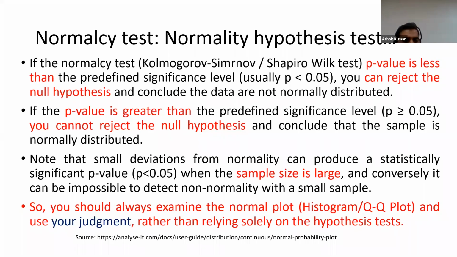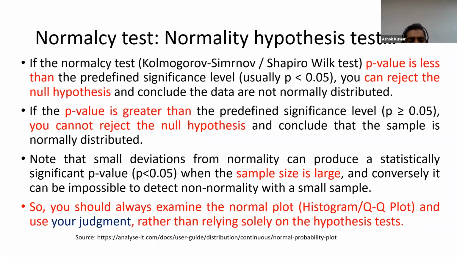The reason is that a small deviation from normality can produce a statistically significant p-value, that is, a p-value less than 0.05, when the sample size is large, even greater than 30. If there is a minute deviation, normality is disturbed, and we get a significant p-value even if the sample size is greater than 30.